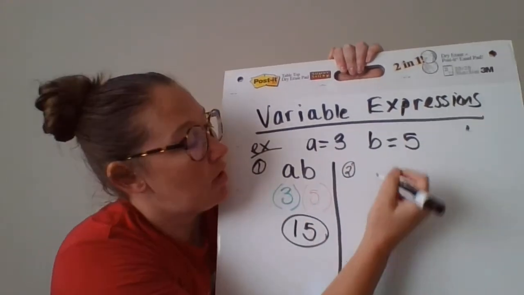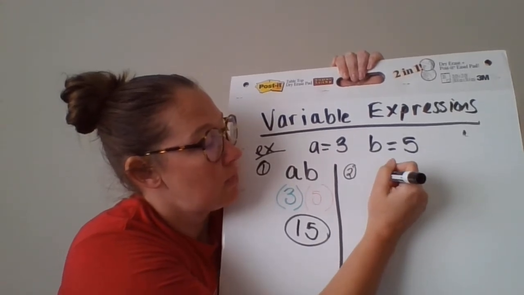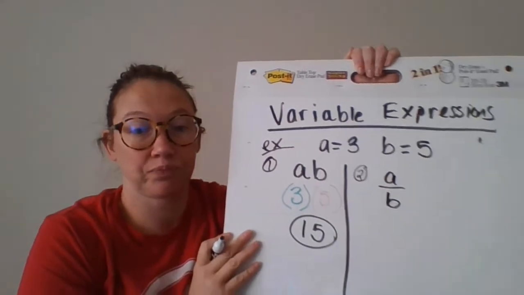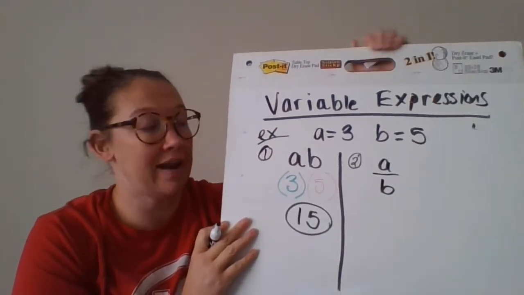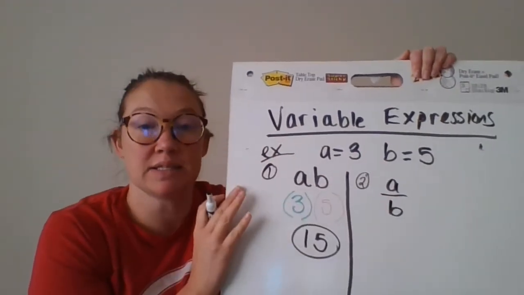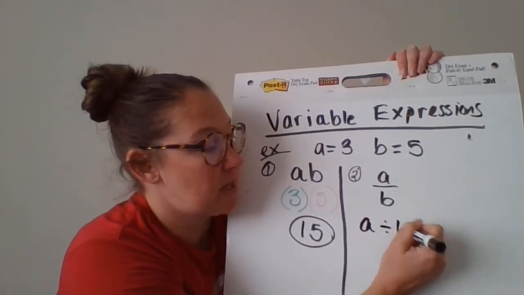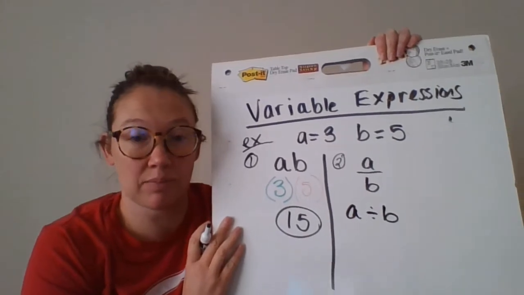What if I have the variable expression A divided by B? Now a fraction bar means division. Sometimes you'll see this written as A with a division sign and B. Those are exactly the same thing.